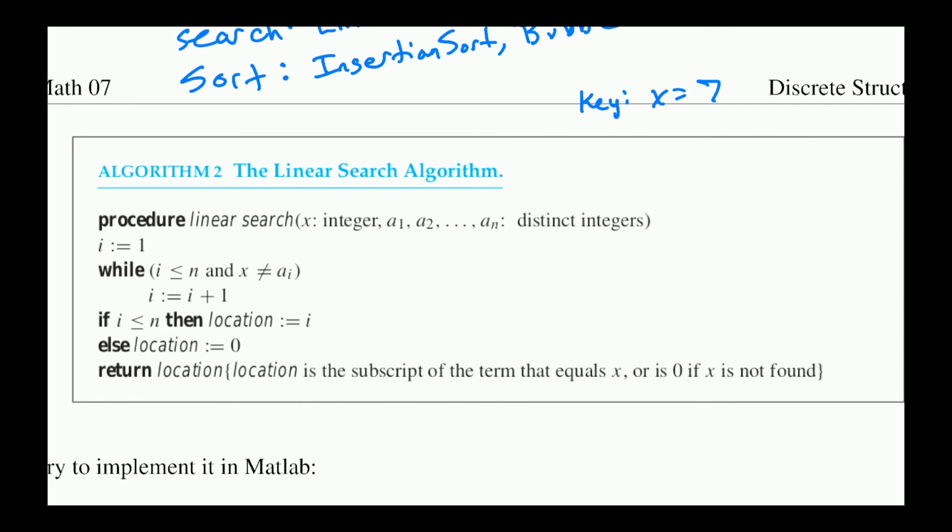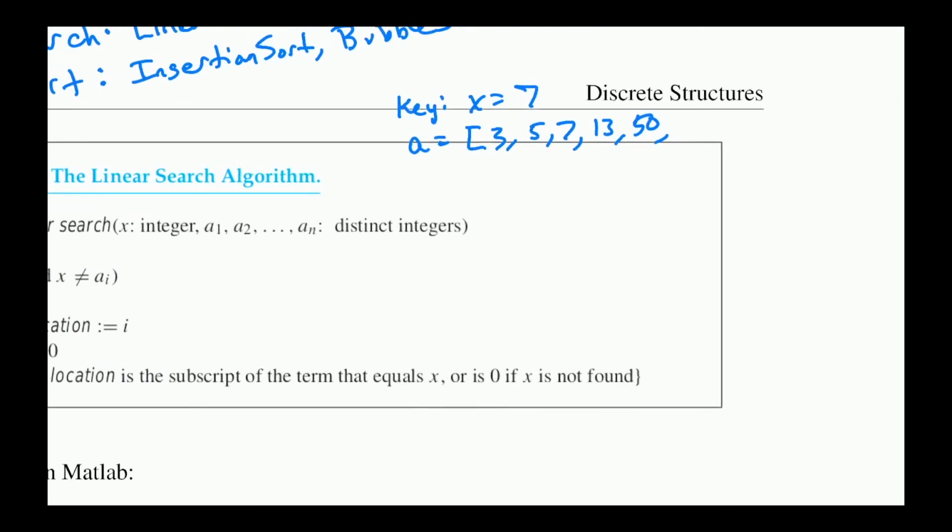And then your input could be a equals 3, 5, 7, 13, 50. They don't have to be in order. 20, 10, 2. Just a list of numbers.